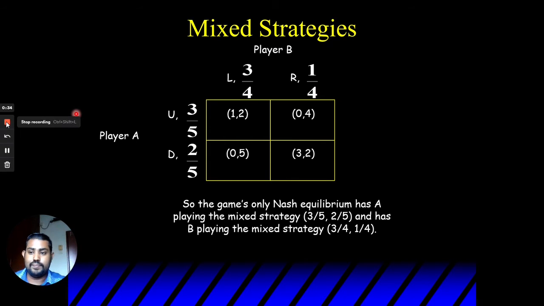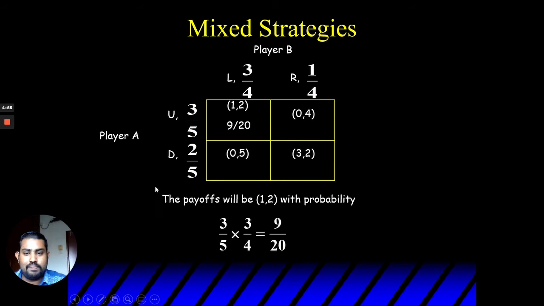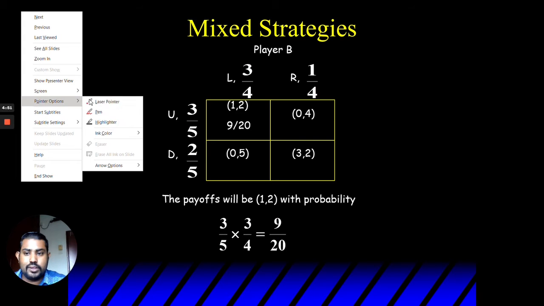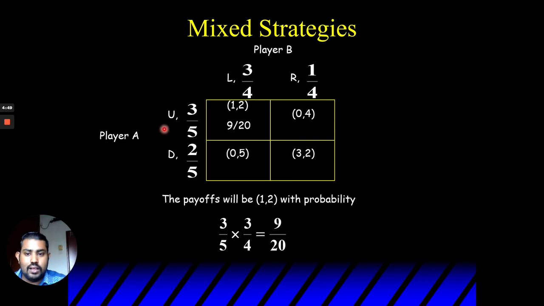Okay, next let's continue with how to calculate A's expected payoff and B's expected payoff. If you look here, the payoff will be 1 and 2 with probability. When you already have the payoff here, you just use the probabilities that you got just now.